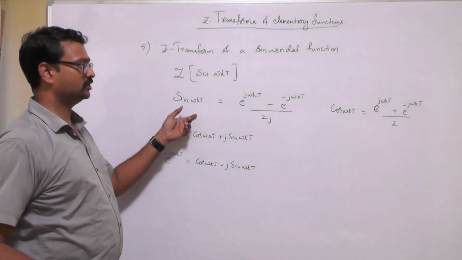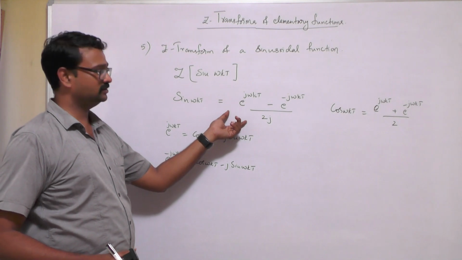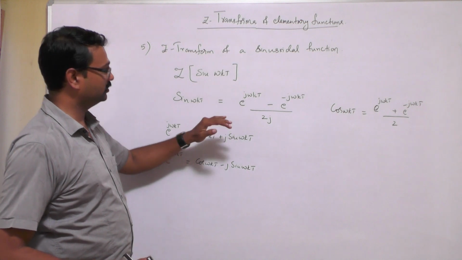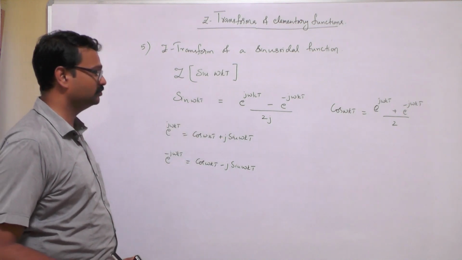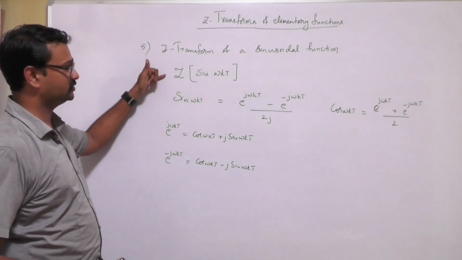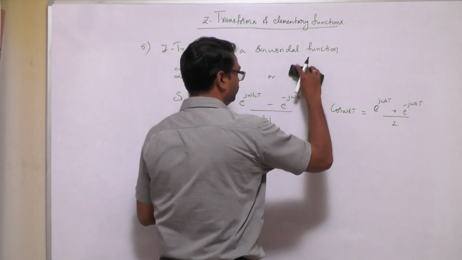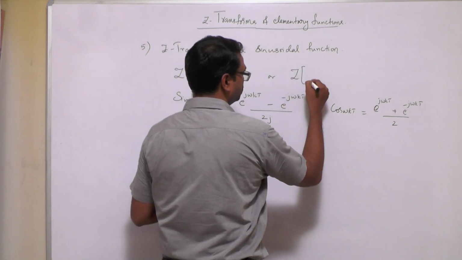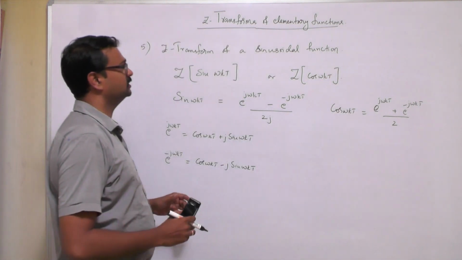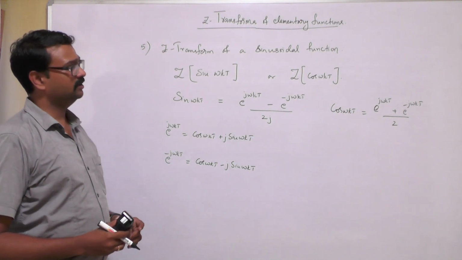Using these two equations, and since we have already discussed the z transform of e power minus akt, you can simplify these equations and get the z transform of sin omega kt or cos omega kt. So with this we have discussed the various z transforms of elementary functions.